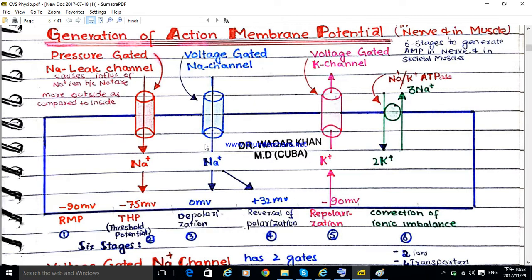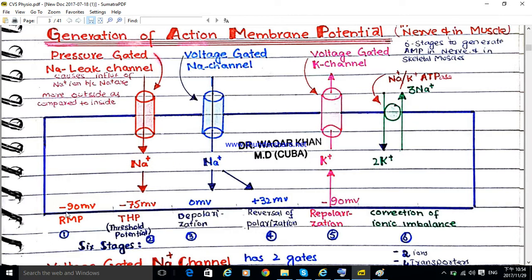First of all, the cell is in the resting phase, minus 90 mV, as we have discussed earlier. At minus 90 mV, there will be pressure on the sodium leak channel, and there will be influx of sodium, which means entry of positive charge into the cell.